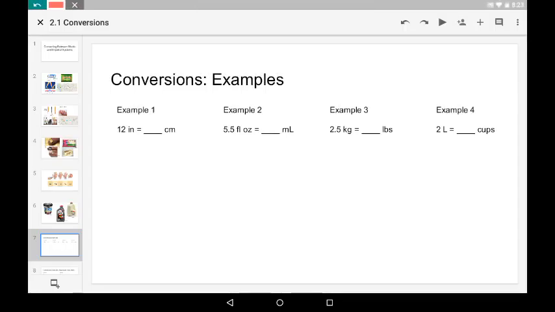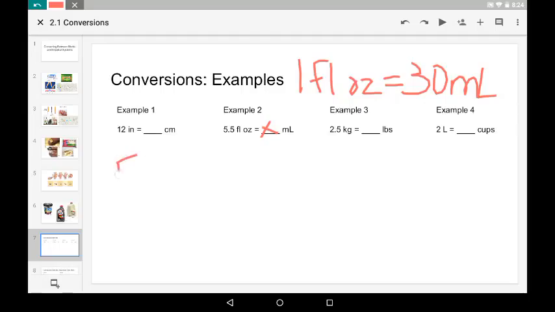Okay, let's look at example number 2. 5.5 fluid ounces equals how many milliliters? I'm going to put an x in here right away. On your conversion sheet, there are fluid ounces, which is FLOZ, and there's also ounces. Fluid ounces are a measure of volume, so a liquid, and ounces are a measure of mass, so it's something solid. We have 1 fluid ounce is equal to 30 milliliters.